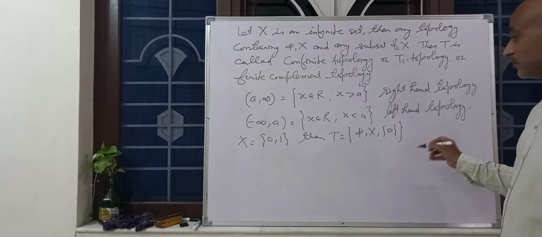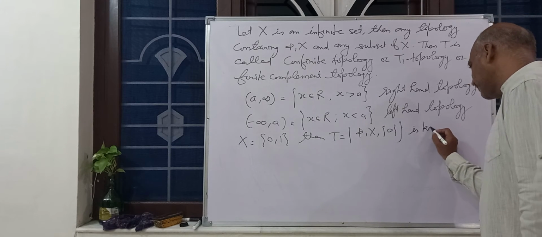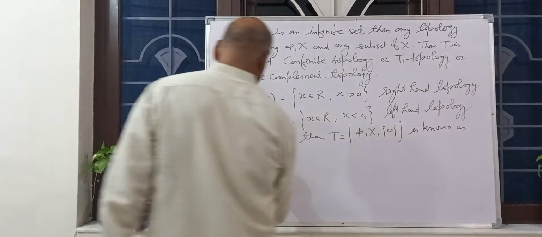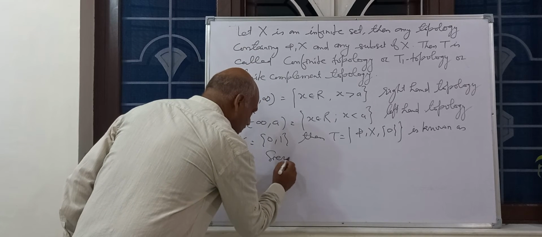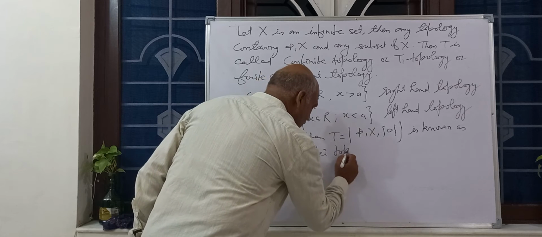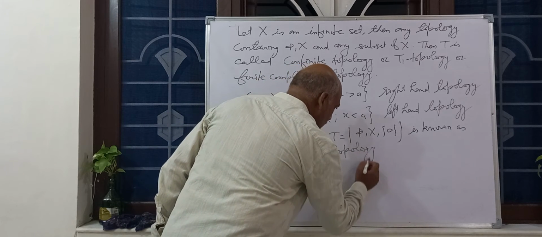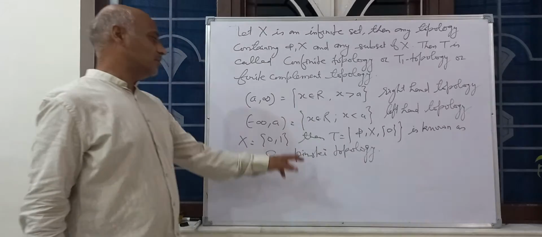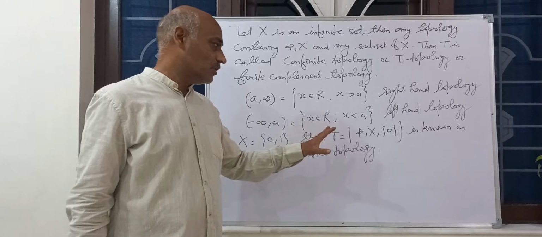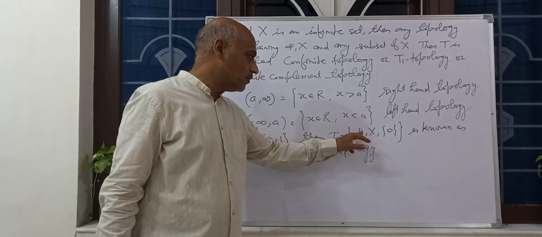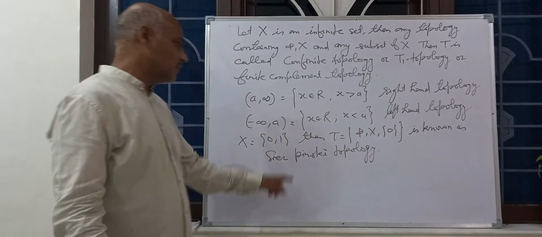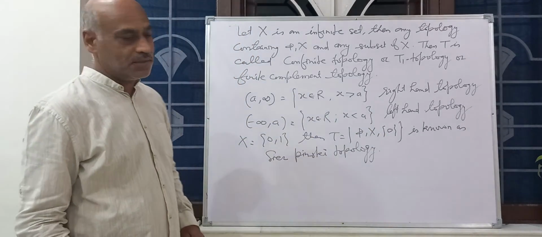This topology is known as the Sierpinski topology, S-I-E-R-P-I-N-S-K-I. So if X is {0, 1} and the topology consists of phi, X and the set {0}, this is known as the Sierpinski topology.